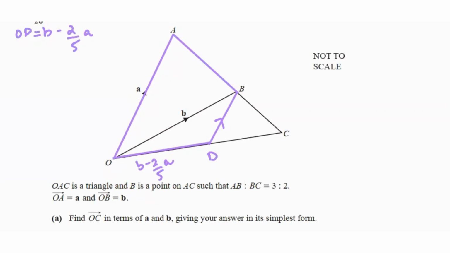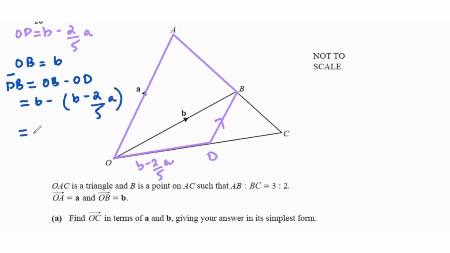We know that OD is B minus 2/5 of A, and OB is B. So DB is going to be OB minus OD, which is B minus B plus 2/5 of A, which is going to be 2/5 of A.